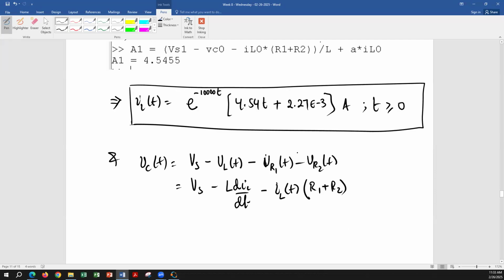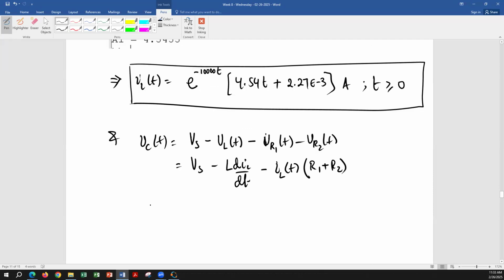And again, you've got to finish this since we don't have time. Finish it, and make sure you finish it so that you know how to do it. Yes, that IL(t) is the equation right there, because we are trying to figure out the equation for VC, right?